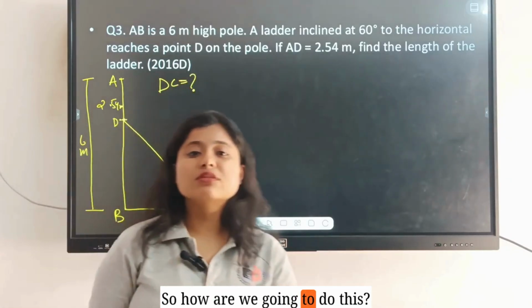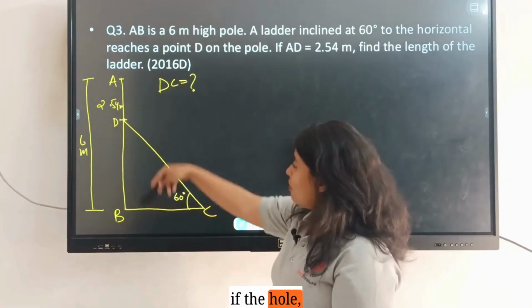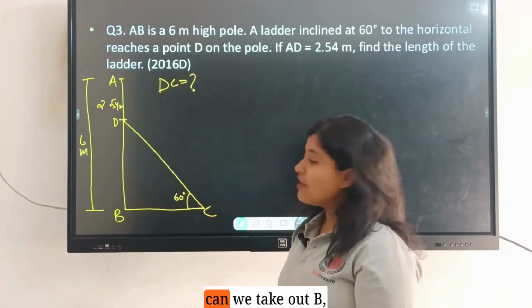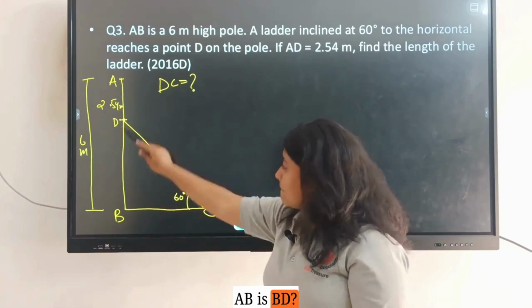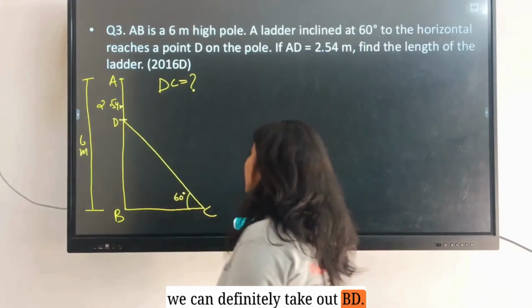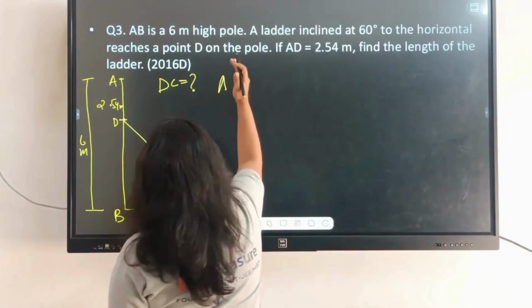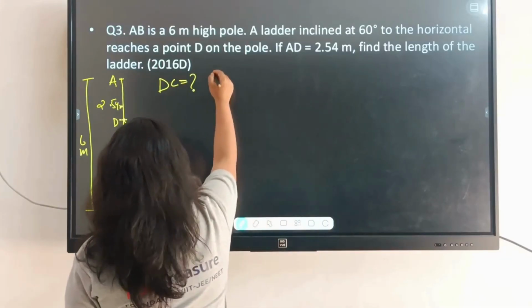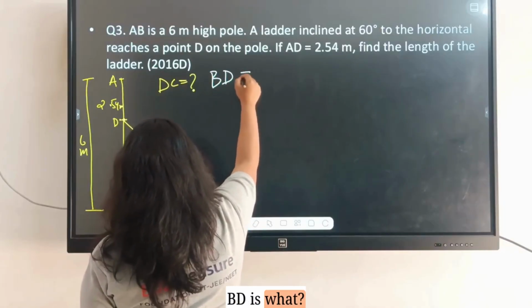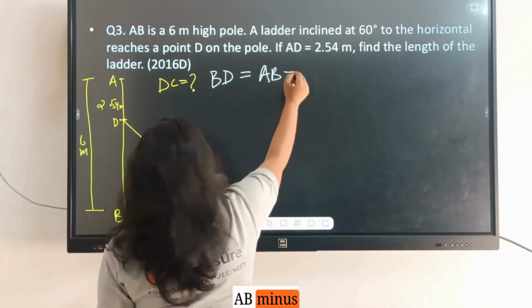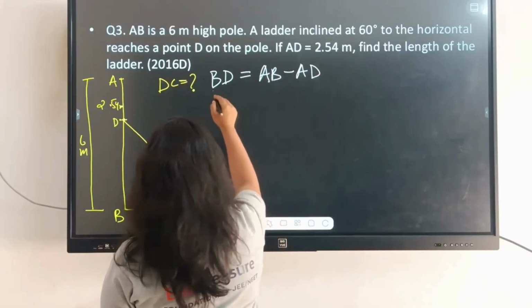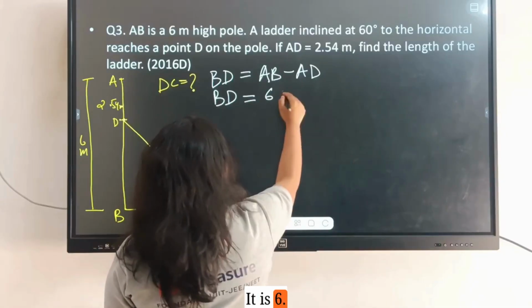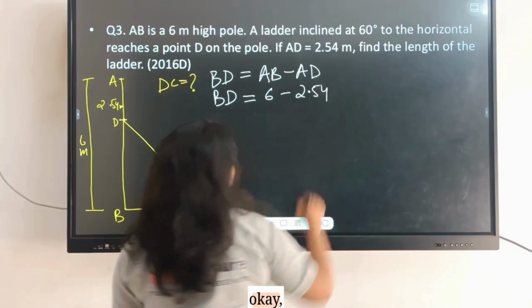So how are we going to do this? First of all, if the total pole is 6 and it is given that AD is 2.54, can we take out BD? Yes, we can definitely take out BD. How? BD is AB minus AD. What is our AB? It is 6. What is our AD? 2.54.